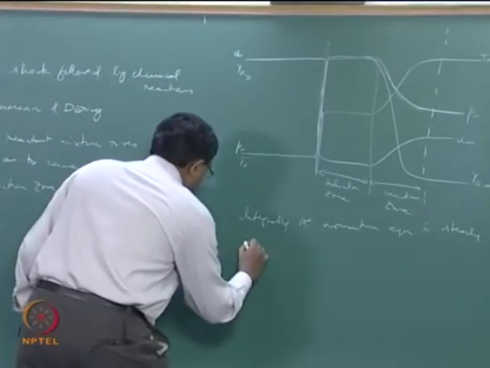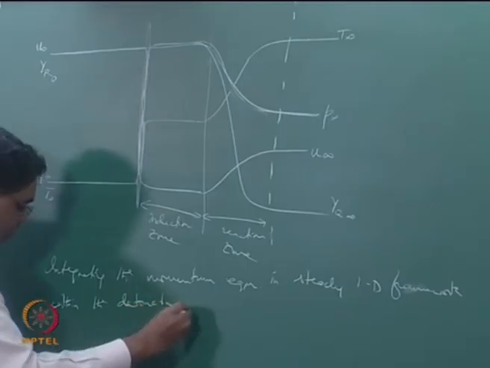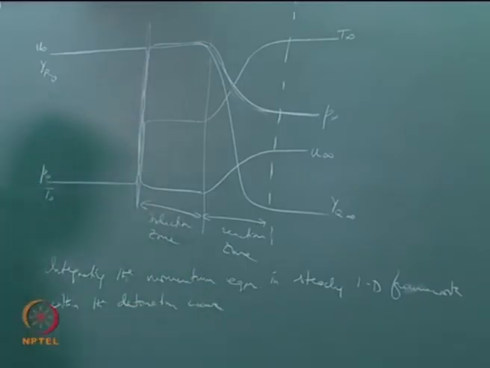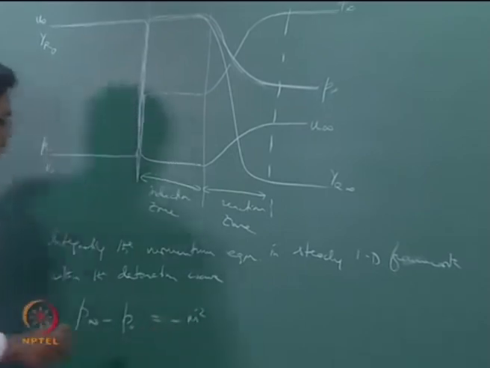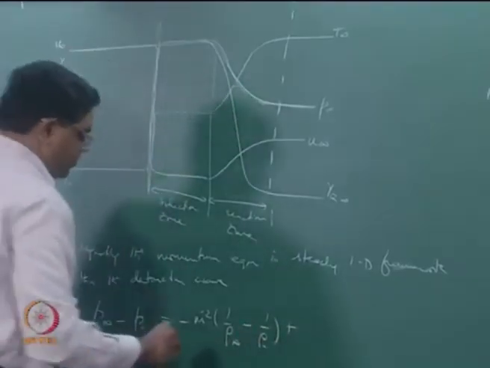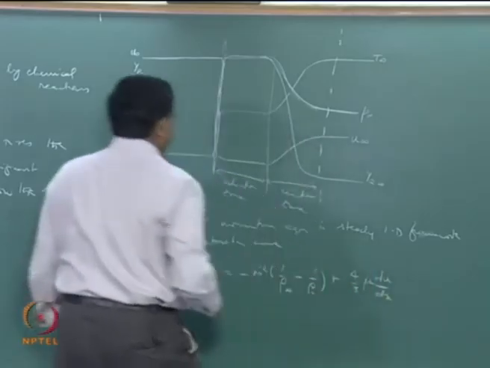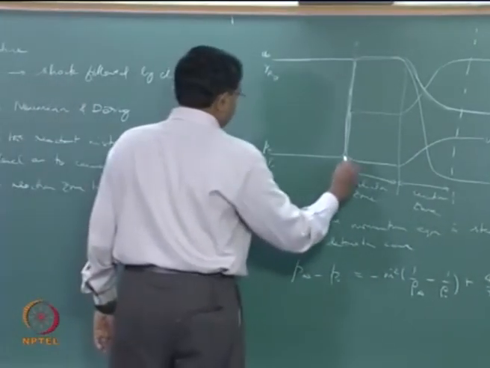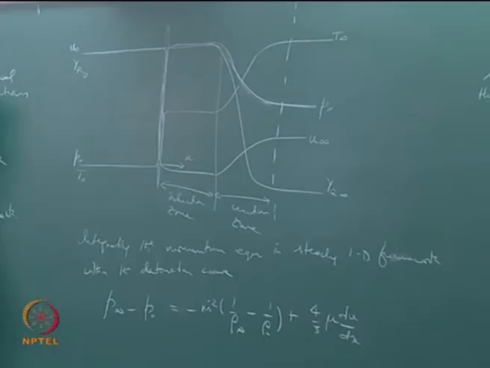Here what we are talking about is within the detonation wave, we can now get P infinity minus P naught equals minus m dot squared times 1 over rho infinity minus 1 over rho naught, plus 4 by 3 mu du by dx. So of course you can now fix your x going this way.